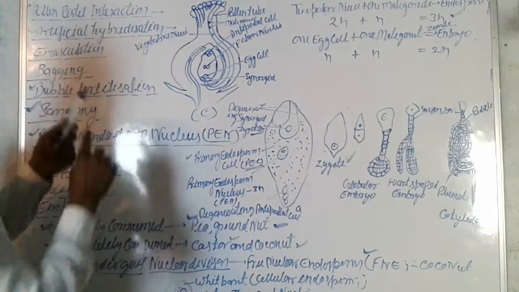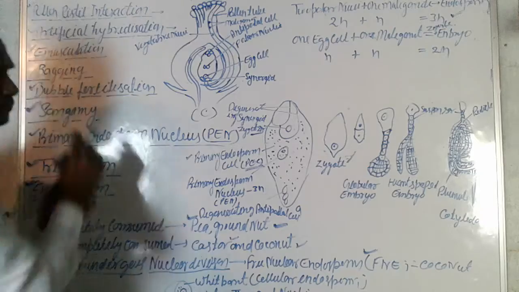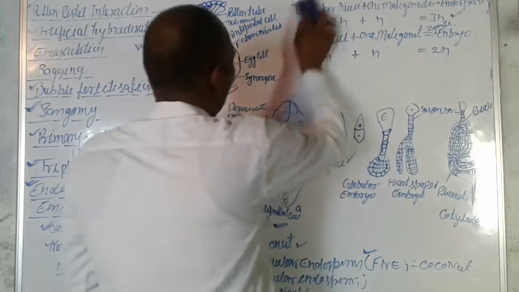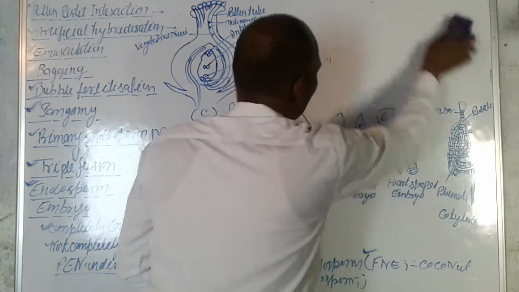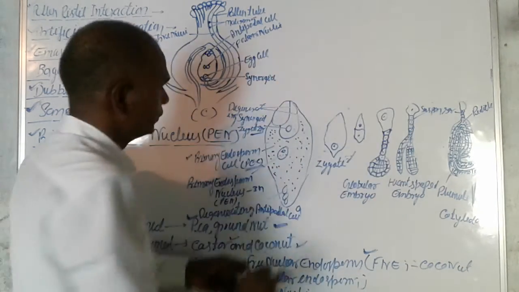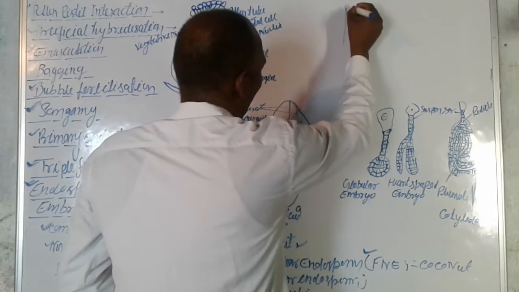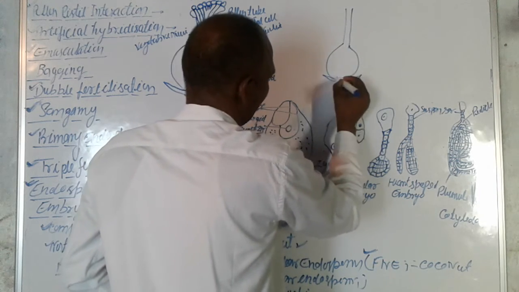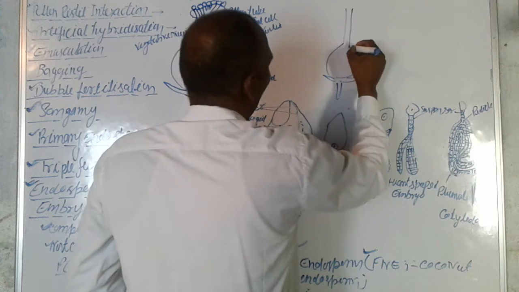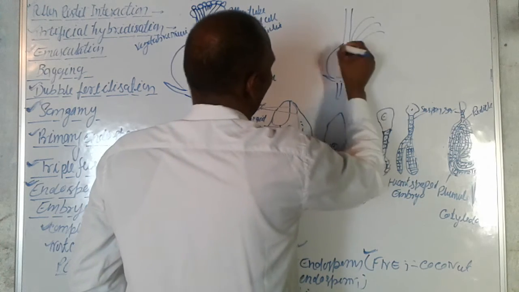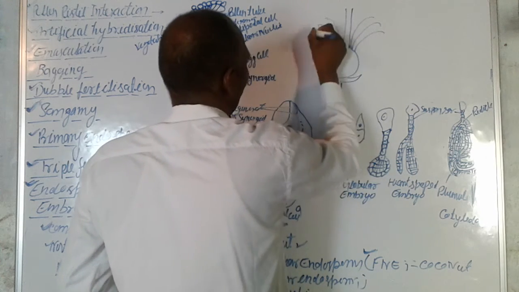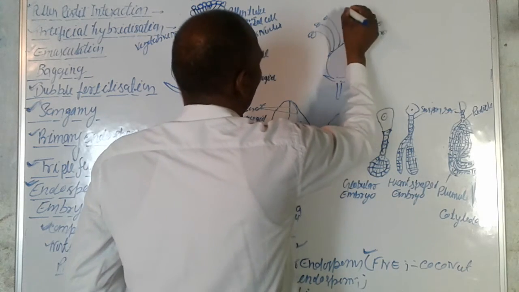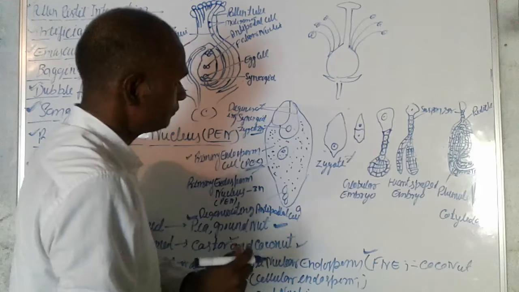And again, emasculation. Emasculation is a process. This is a flower, and it has anthers, and this is the stigma.